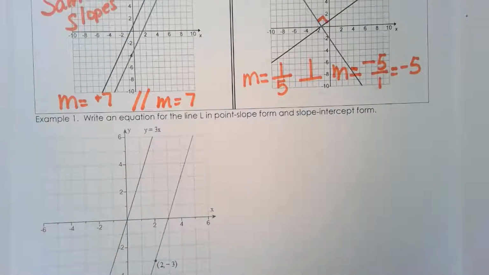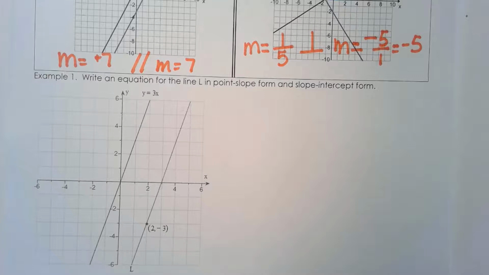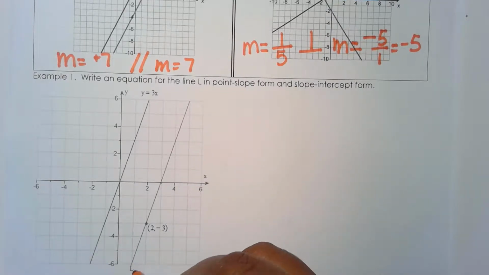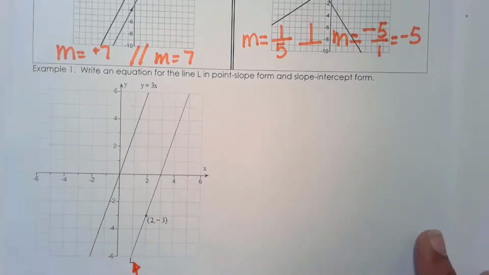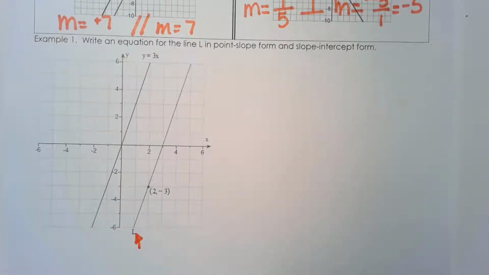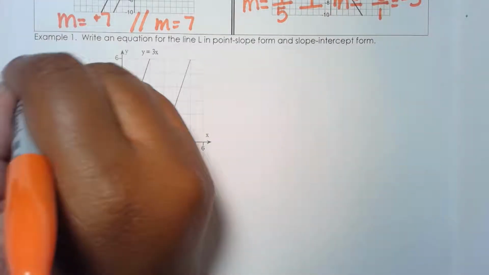So with this example that we're going to cover, it says write an equation for the line L in point slope form and slope intercept form. So here we have the line L. Notice that the lines are parallel.